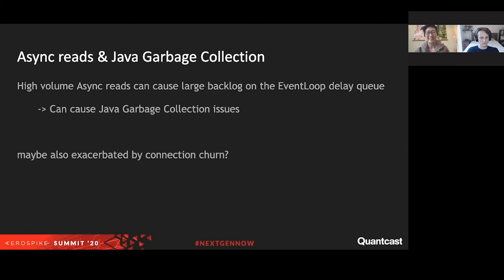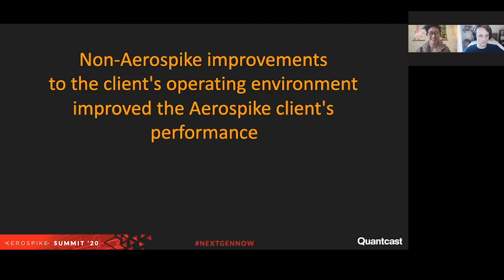Initially, we weren't setting a limit on the number of items that could be in our event loop queue, and that would just cause the queue to blow up, and we'd have a whole bunch of objects sticking around and cause a whole bunch of garbage collection issues. So we had to set the limit on that queue. It might also have been affected by all the connection churn and everything that has to be done to create new connections and create new objects and destroy old ones.